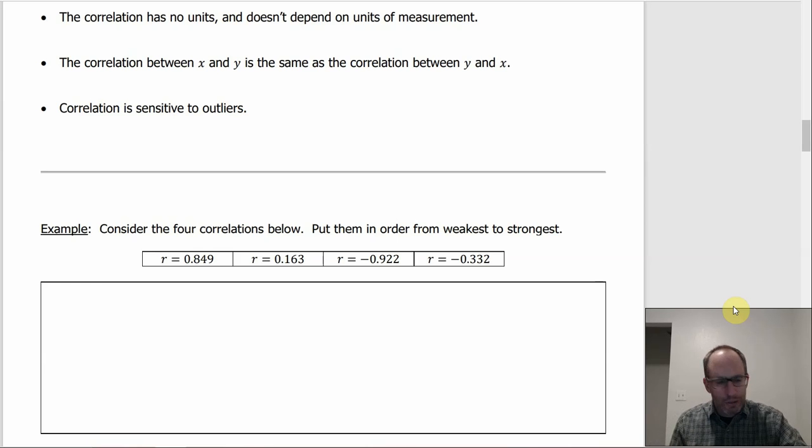So based on those 4, it looks like the closest to 0 is the 0.163. So r equals 0.163. Next farthest away is the negative 0.332.